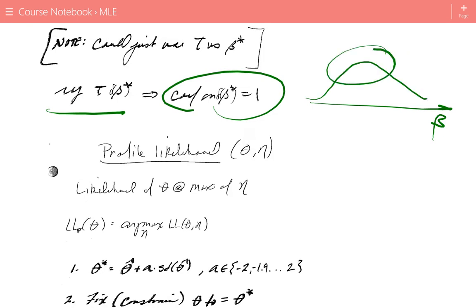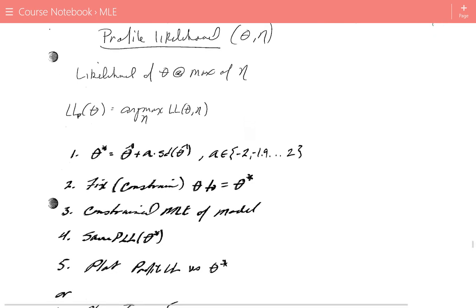Well, profile likelihood is going to be a little bit different. With the profile likelihood, you get a profile estimation of the set of other parameters you're not investigating, associated with the specific parameter value that you're going to look at.